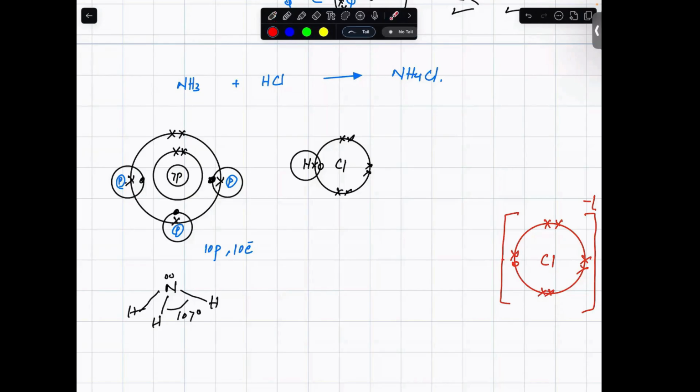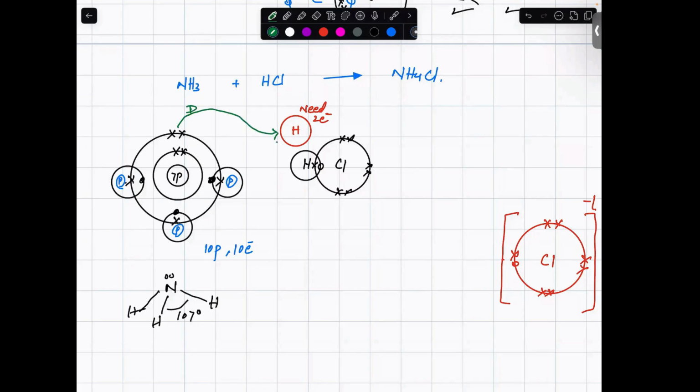Now when the electron of the hydrogen is taken by chlorine, the hydrogen has no electron. The hydrogen is like this without any electron. It needs how many electrons? 2 electrons to complete the last shell. Is it possible for the nitrogen to give electrons to this? Yes.